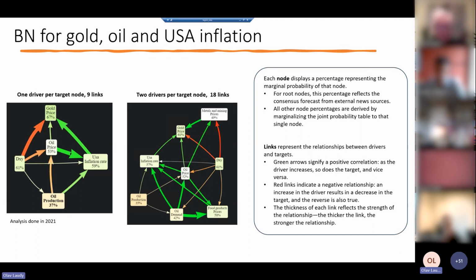When we produced our first graphs, we had numerous economists and financial experts look at these graphs to validate if the direction of the arrows and the direction of the relationships would make sense. And generally, they do. We see how the oil price increases the inflation rate. The inflation rate increases the gold price.